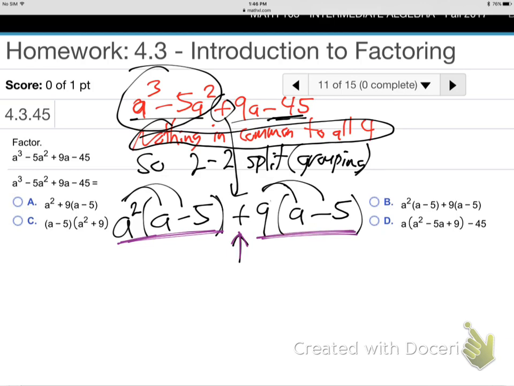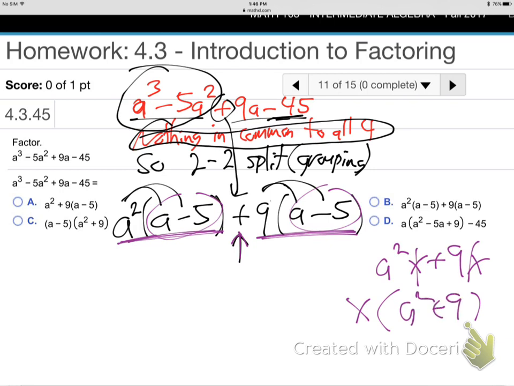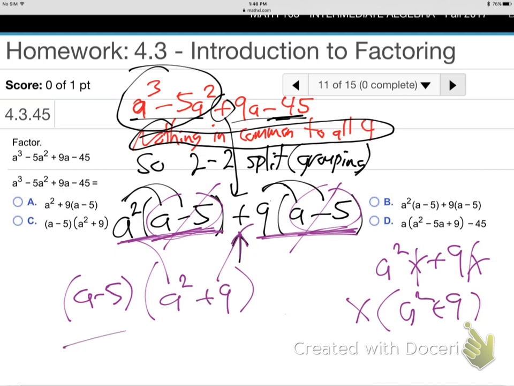Think of them as separate. What do they both have in common? Parenthesis a minus 5, huh? So again, remember, what if I had a squared x and 9x? What would I do? I'd go, well, they both got an x, and I'd put it out and cross it off, bring down a squared and 9, wouldn't I? Well, it's the same thing here. They just have a big fancy a minus 5 in common. So put it in the front, remove it, start a new set of parentheses, drop down the leftovers. A squared plus 9, done.